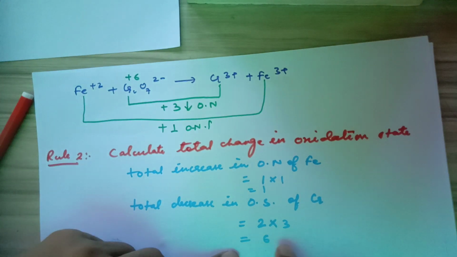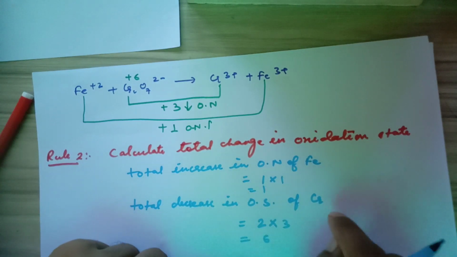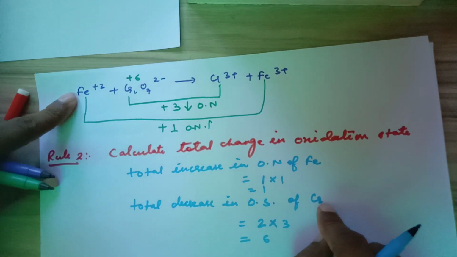so it will be reverse multiplied. This 6 is going to be multiplied with iron and this 1 is going to be multiplied with chromium in the given equation.